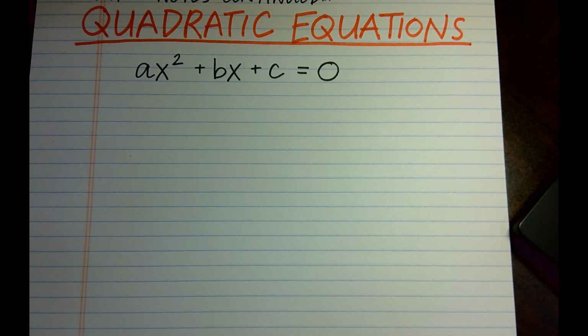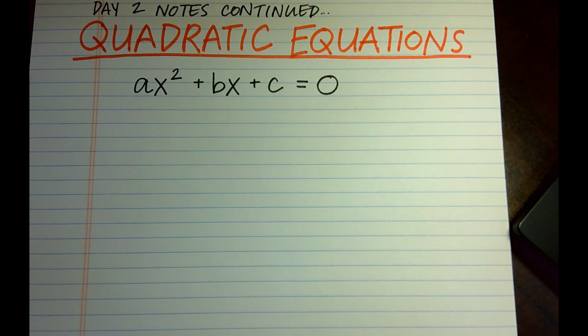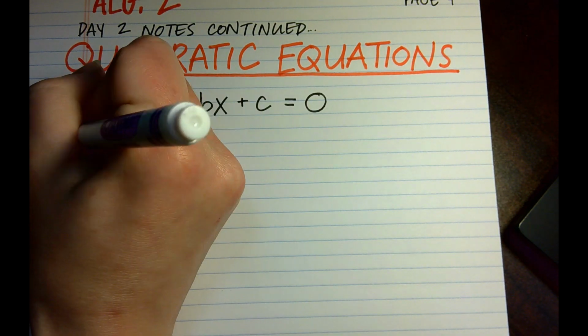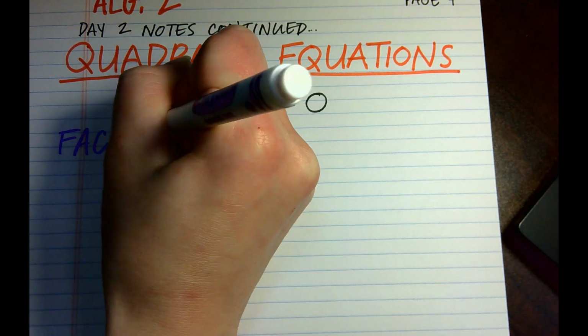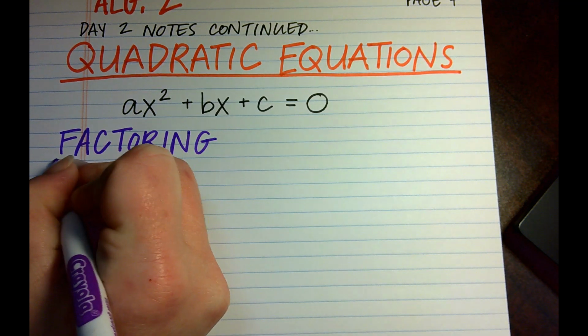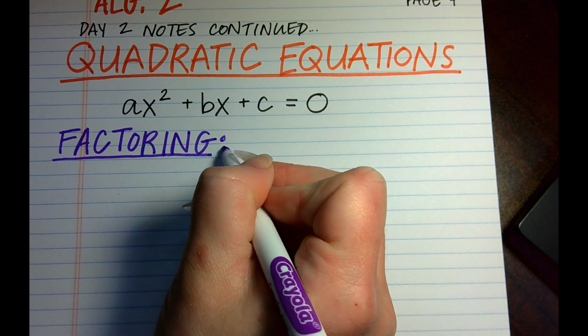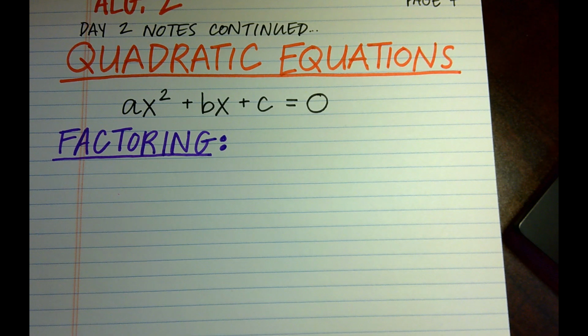Now we're going to go from the quadratic back to the binomials. We're going backwards. I'm going to teach you today about something called factoring. So, factoring. We're going to use this method of factoring to solve these equations, okay?